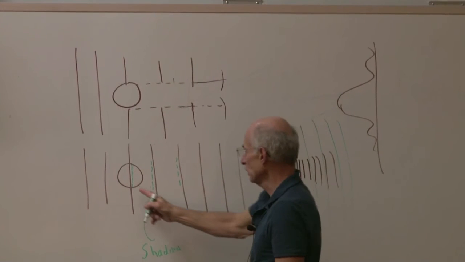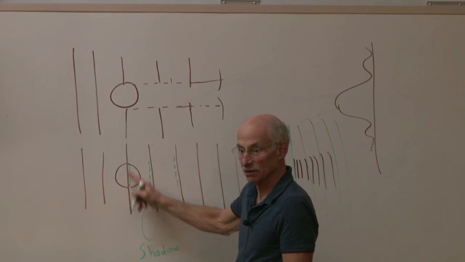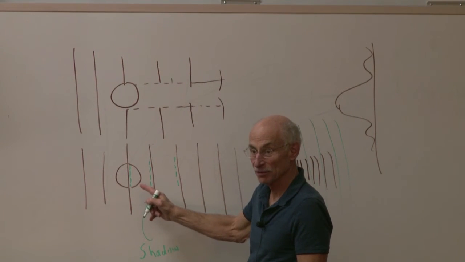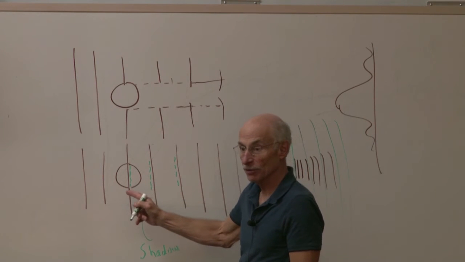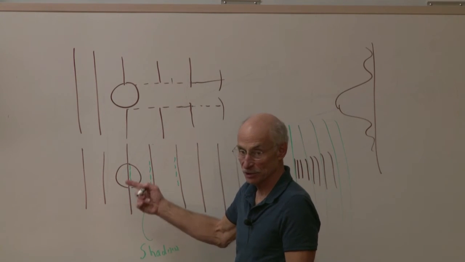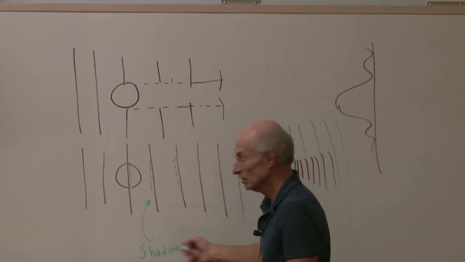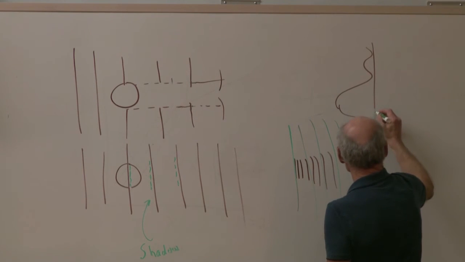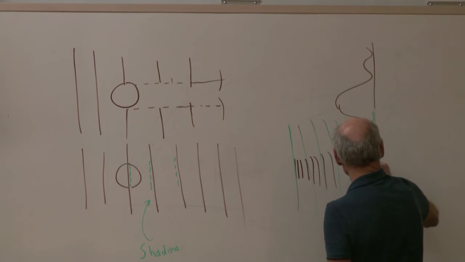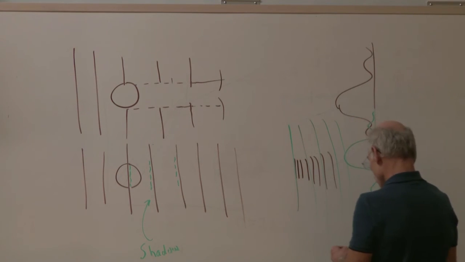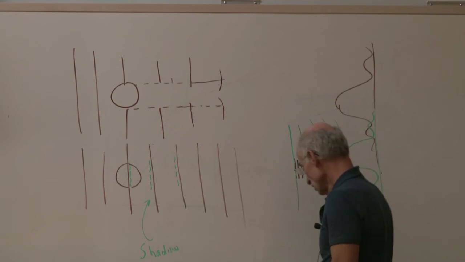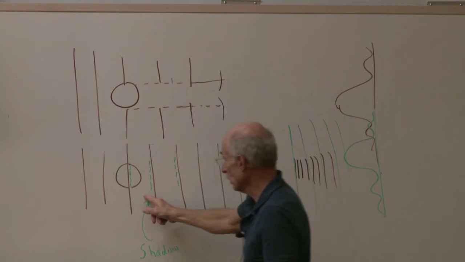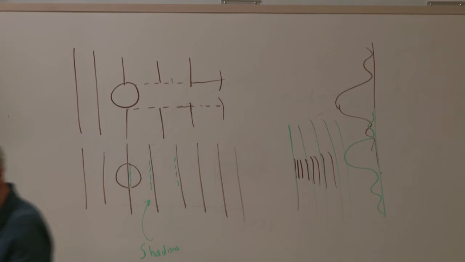And how big was it originally? The size of the particle. So it looks like it came through a hole, the size of the particle. There's your Babinet principle. And this becomes the single slit diffraction pattern that we see in the far field. So that's the proper way to understand diffraction.